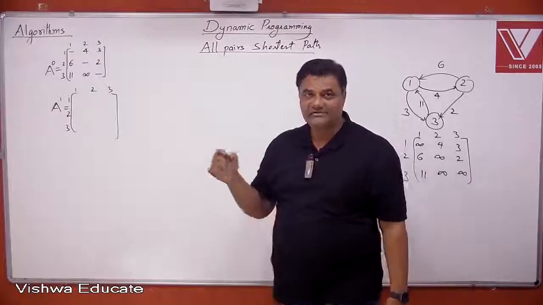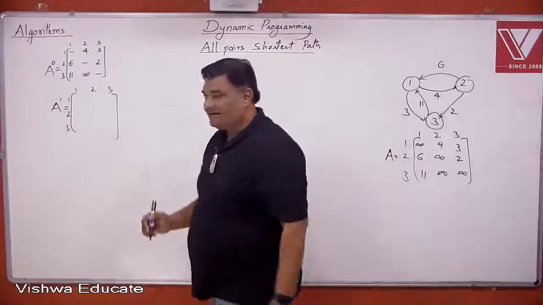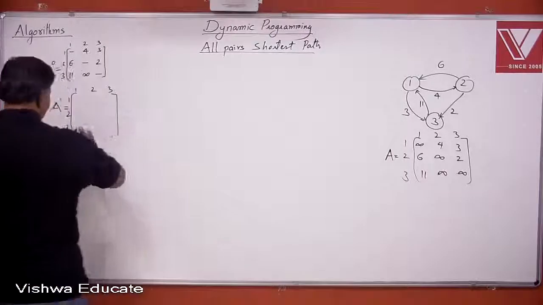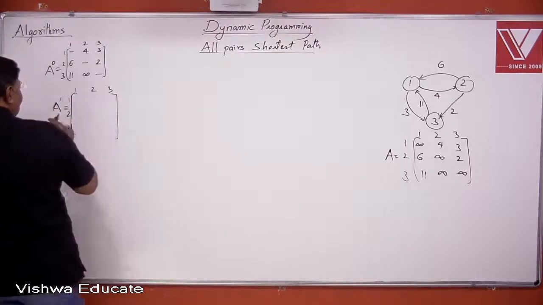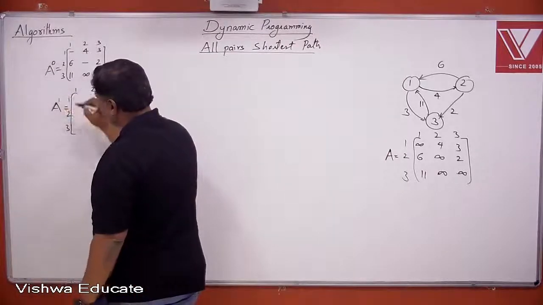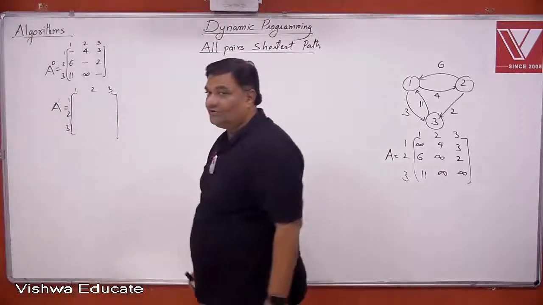We'll generate a matrix for this, going via vertex 1. Now A1. This A1 means going through vertex 1.